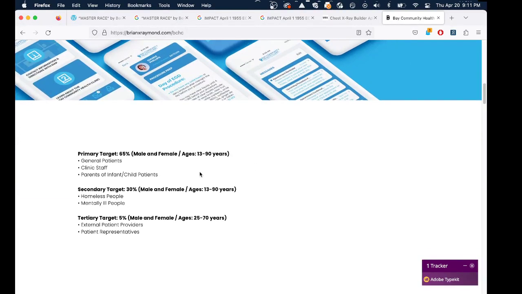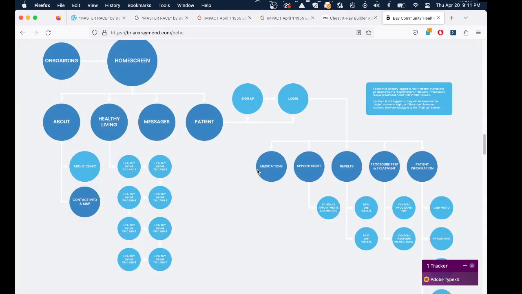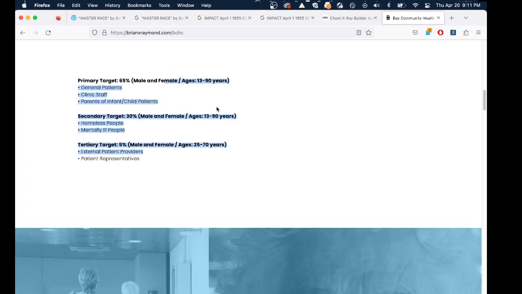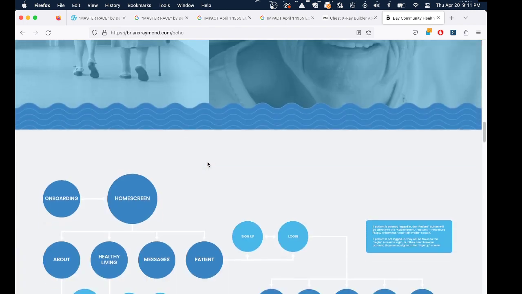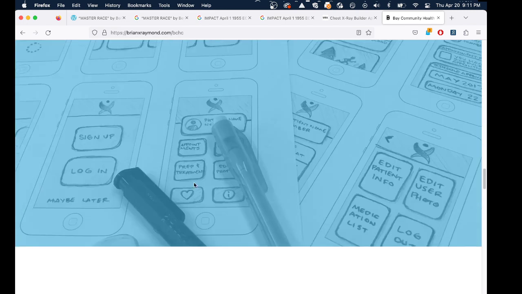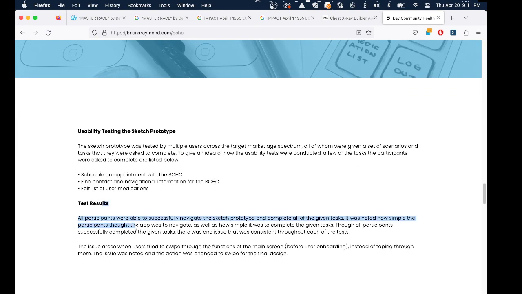So you could express the interest in the target market, show a picture of the target market, show the flow chart. By doing this, you're introducing your understanding of research, you're introducing your understanding of information architecture, you're showing the prototypes here, and then test results, you're talking about your ability to understand usability studies.